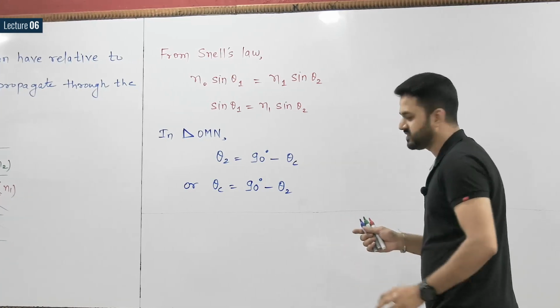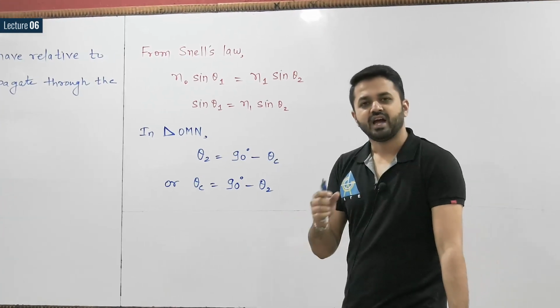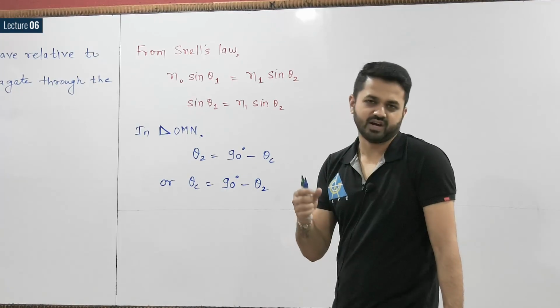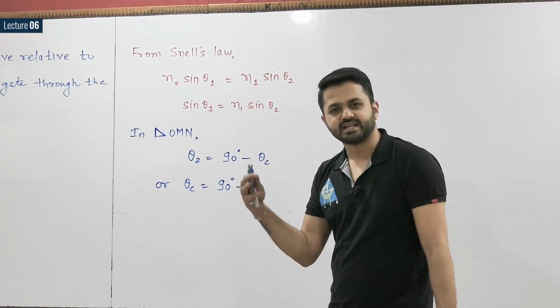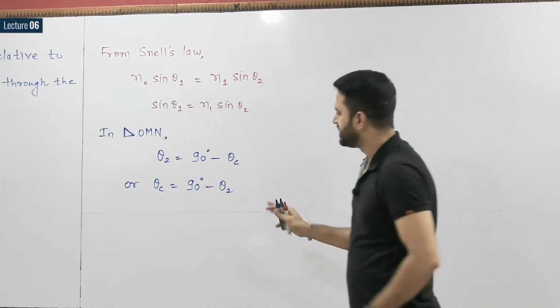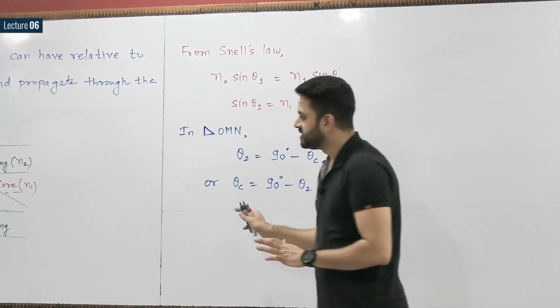So this is the case, that is the critical angle at which the light is incident from the core to the cladding and is totally internally reflected. Okay. So up to this point it is clear to you.